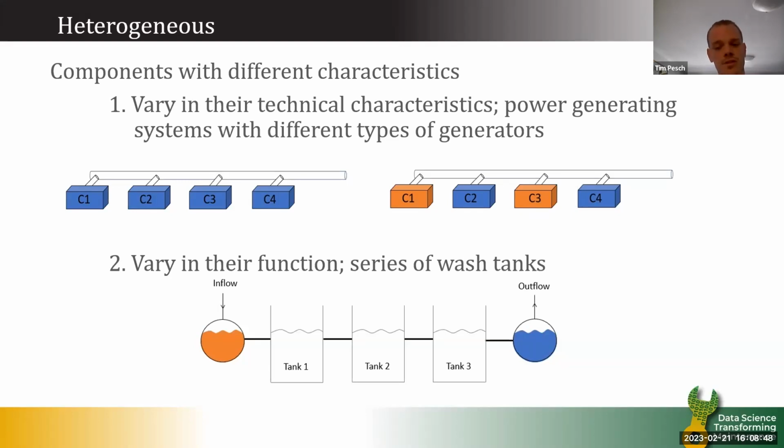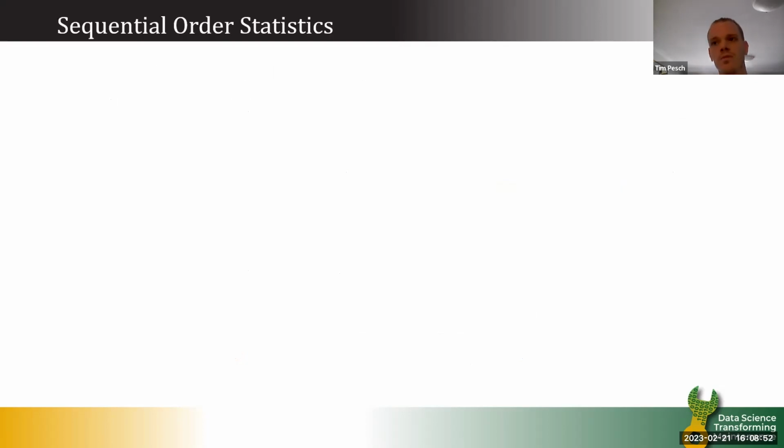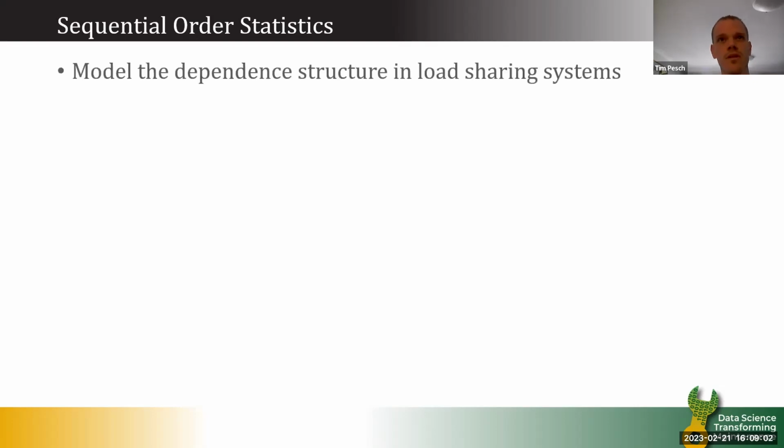And that's one assumption, and we're going to combine that with one more assumption, which really goes back to the title of this talk, Sequential Order Statistics, which are a way of allowing us to model a dependent structure between those components. And in particular, what we're trying to model is that the failure of one of these components has an effect on the lifetime expectancy of the other components.